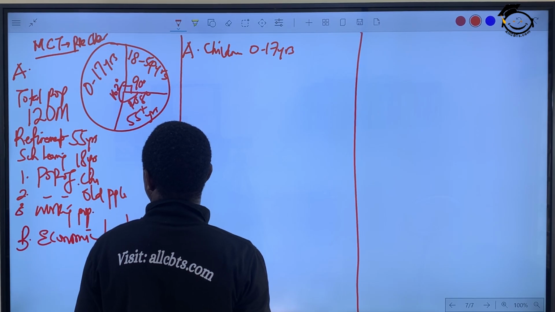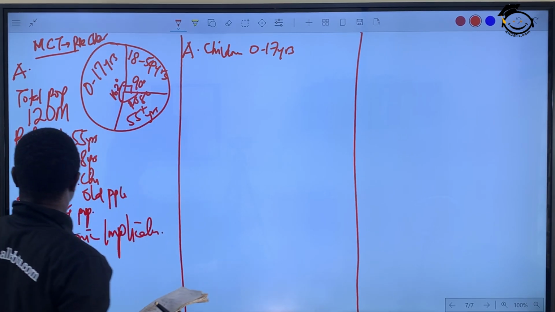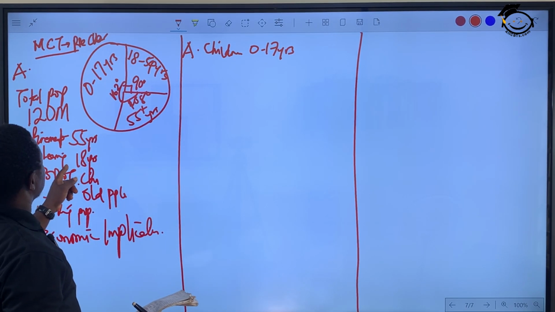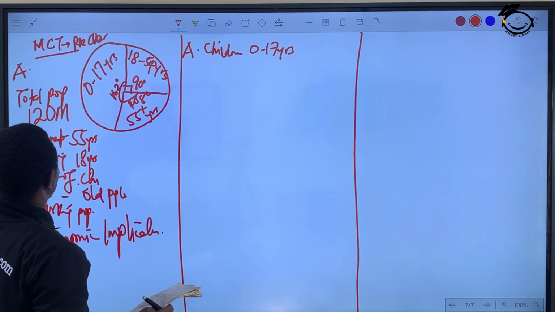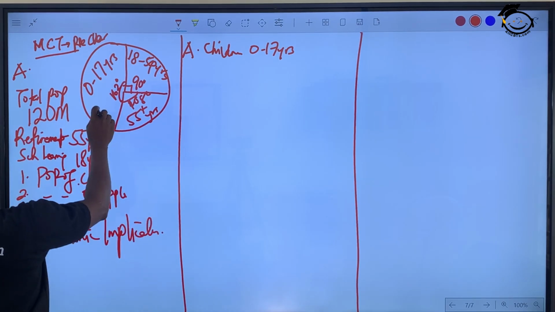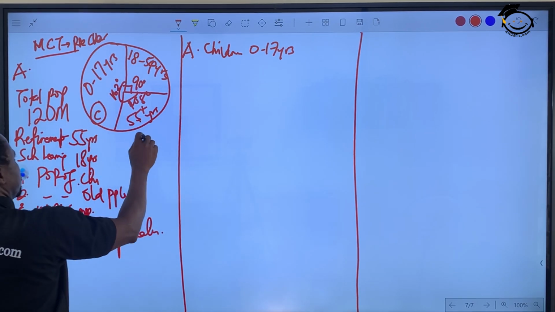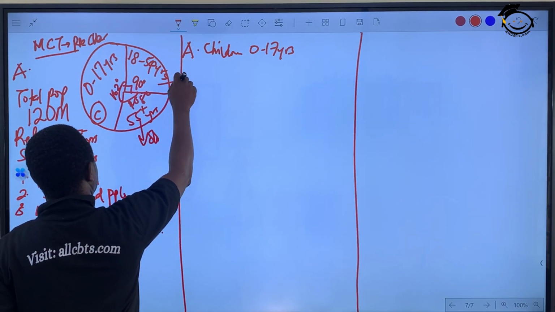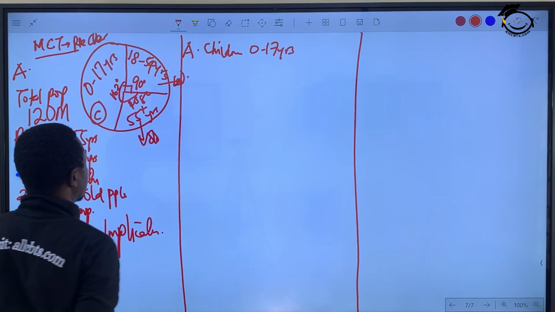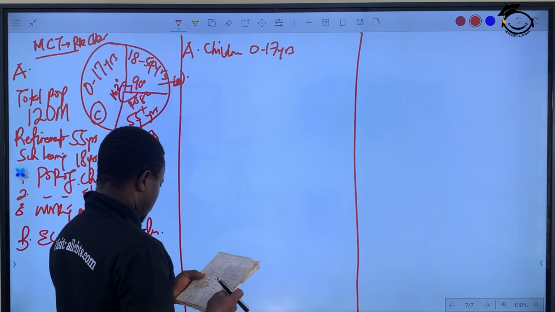Population of children, old age, and working population. So this is children, this one is old age, or old people, while this is the labor force, that's the working population. So we're looking for the children now.